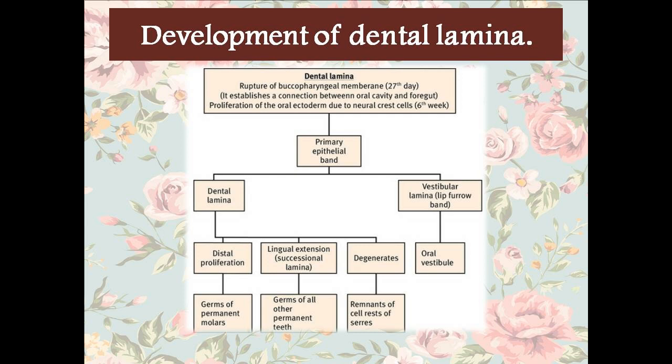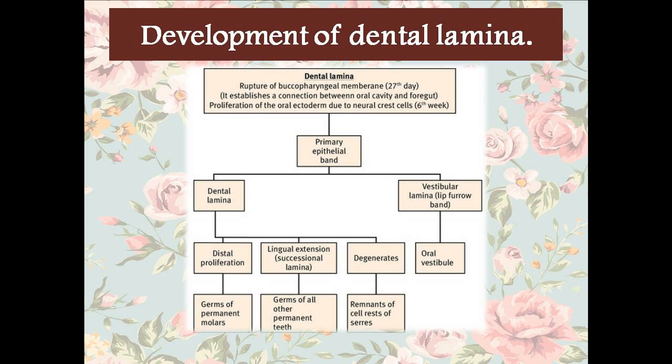Now we see proliferation of this oral ectoderm at the 6th week, forming a primary epithelial band which is divided into two processes, an outer process and an inner process. The outer process is your vestibular lamina or the lip furrow band, which forms the oral vestibule, and the inner process is the dental lamina, which forms the deciduous teeth. It has a distal proliferation which contains germs of the permanent molars.